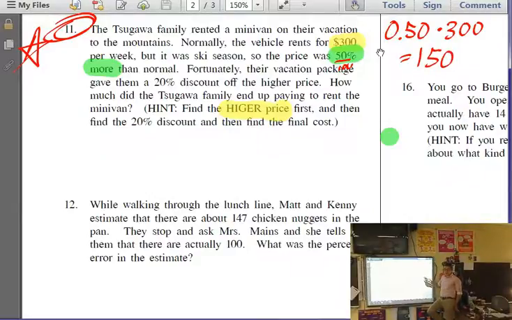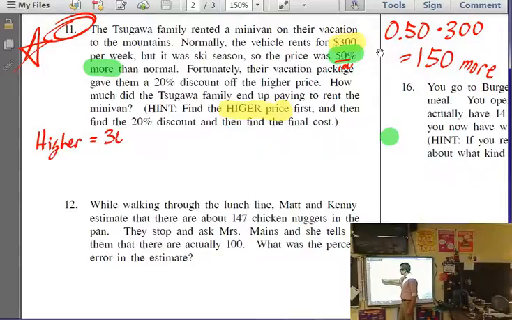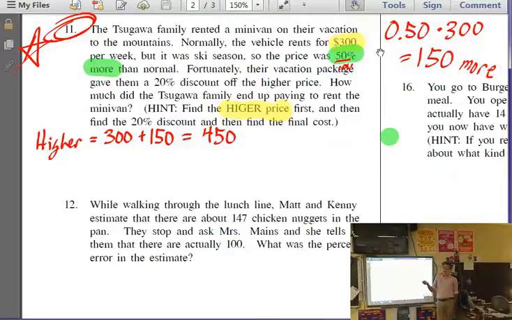But that is going to be an increase, so it's $150 more. So my new higher price is going to be my $300 plus my $150 add-on because of it being peak ski season. So the higher price would be $450.